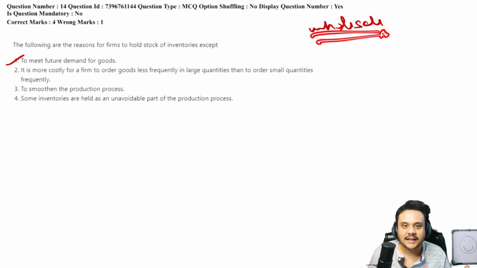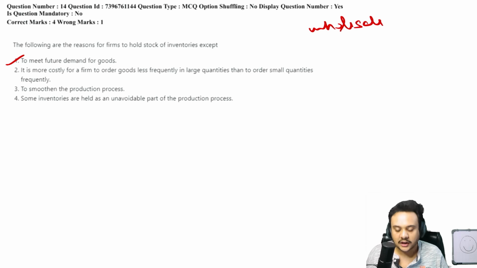And if you keep ordering smaller quantities at higher frequencies, then that is just retail, where you get goods for a higher price. In Hindi you call it thok, or you call it wholesale. So this is absolutely absurd, this is absolutely wrong. Just look at the statement carefully and you will very easily understand that it is clearly wrong.